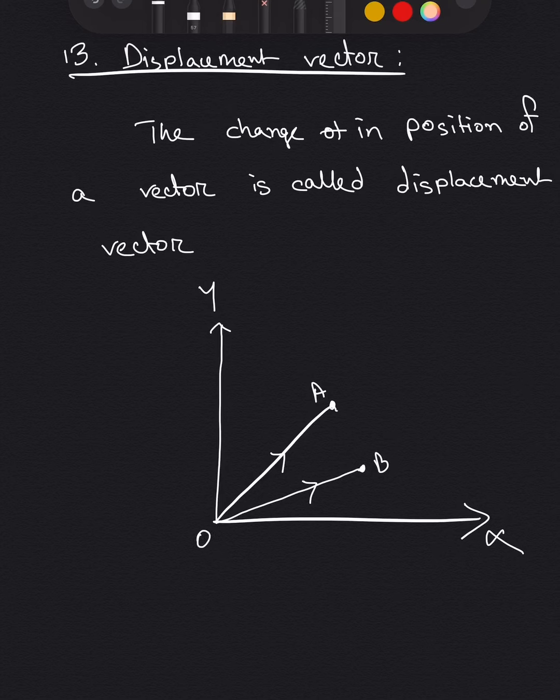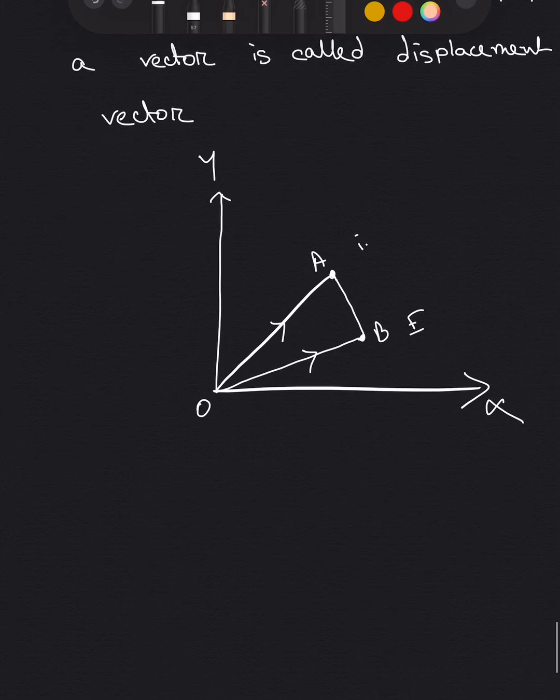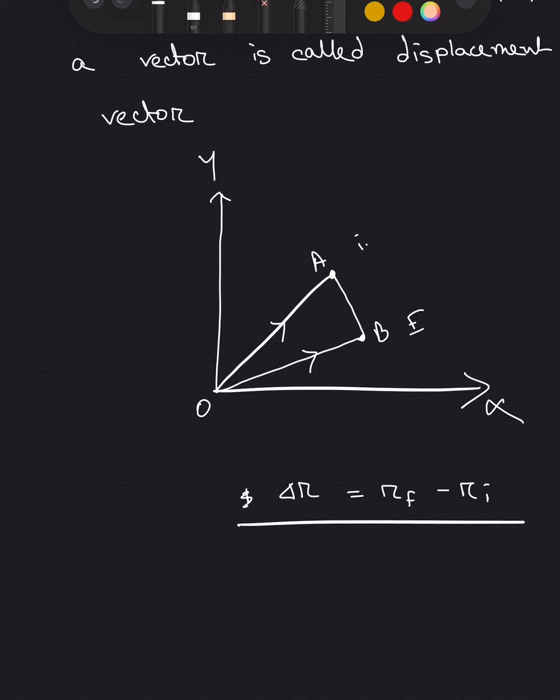So what would be your displacement vector? Your displacement vector will be your final position subtract your initial position. That is, displacement vector is denoted by delta R equals your final position RF minus your initial position RI. This is called displacement vector.